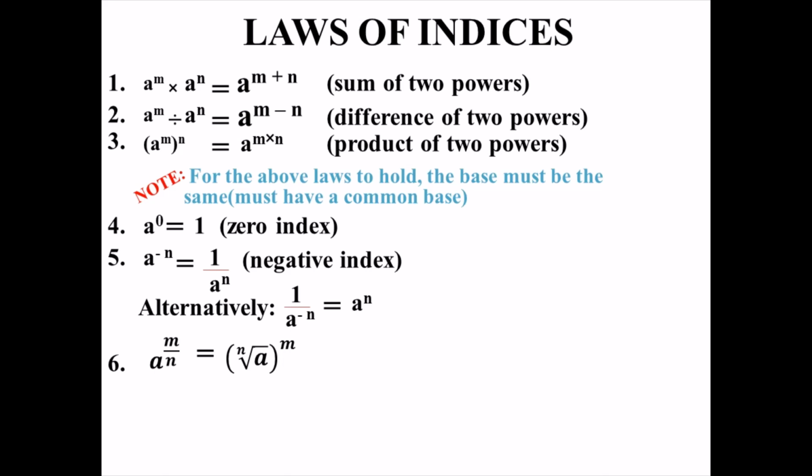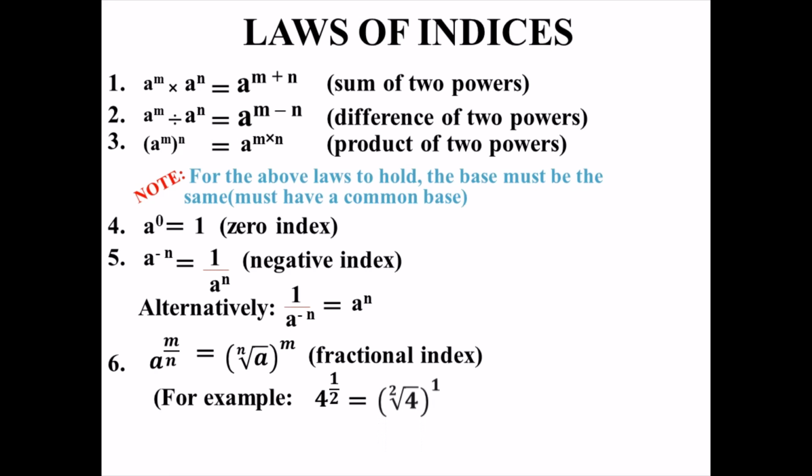In this case, n is the order and m is the power. This one is known as the fractional index law. Let us look at it in the form of an example. If you have 4 raised to a half, or 1 over 2, this translates to the square root of 4 raised to 1, which is 2.